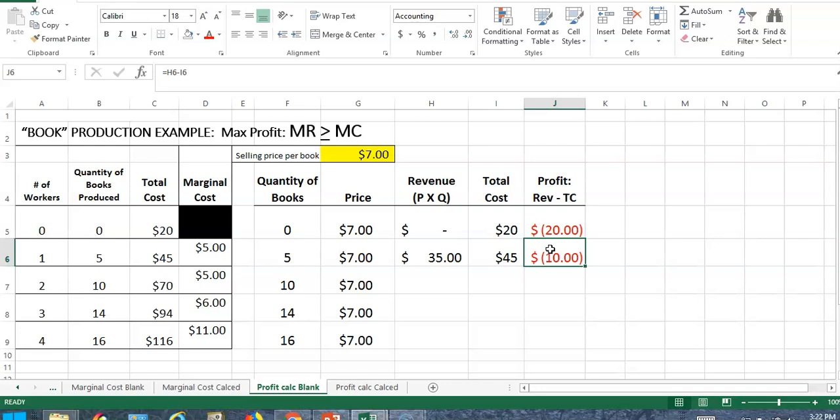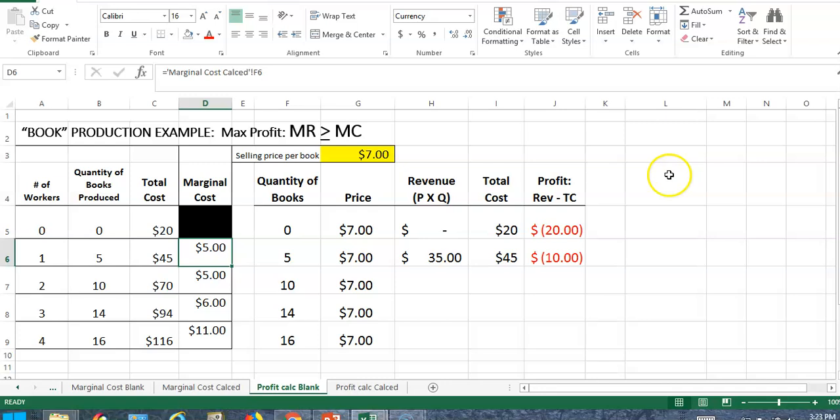Well, why did it change by $10? Because every time we sold an extra book, we brought in $7 extra, but it cost us $5 extra for each of those extra books we produced. So for each of those extra books, our profit increased by the 7 marginal revenue minus the marginal cost.